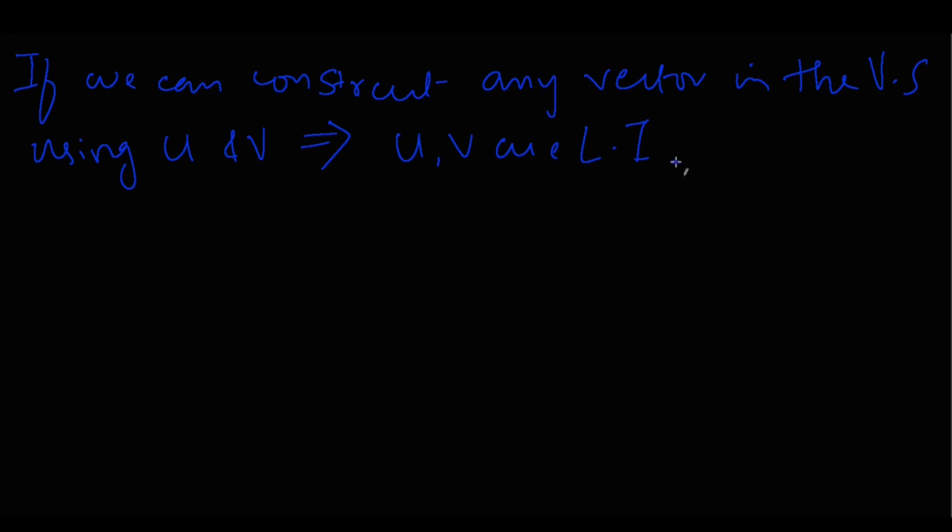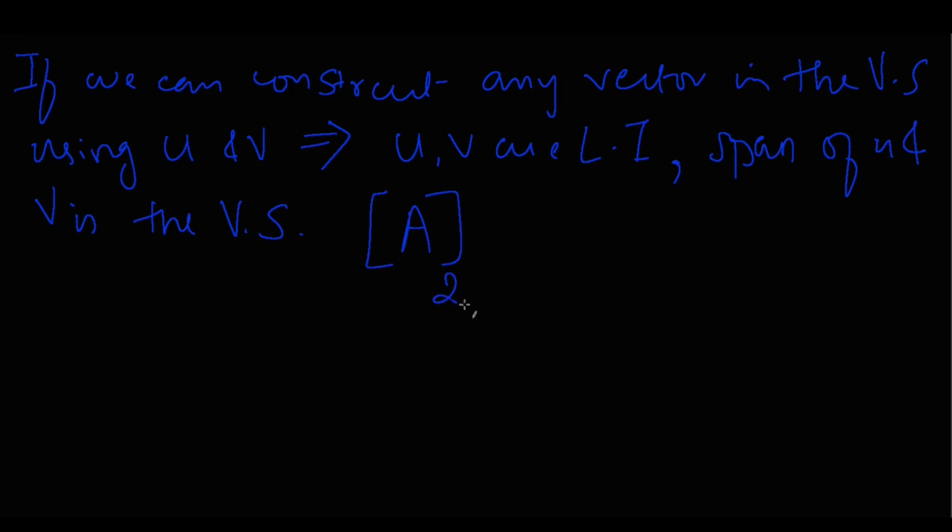Also, we say the span of u and v is the vector space, which is a 2D vector space here. And if we place u and v in a 2 by 2 matrix A, then the rank of A will be 2.